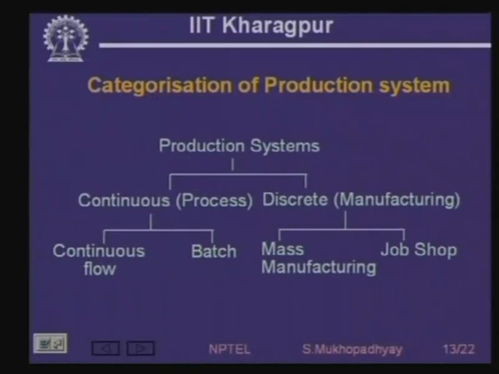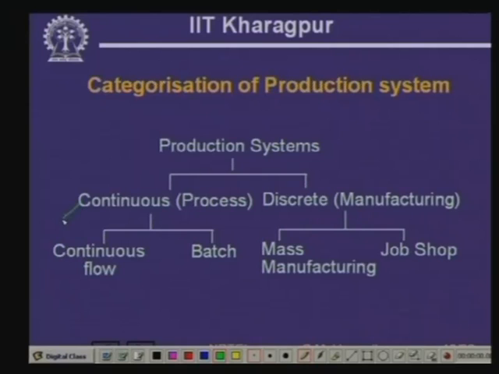Now let's look at the kinds of production systems that typically exist, that is a broad categorization of production systems. So typically production systems are categorized broadly into continuous processes and discrete manufacturing.